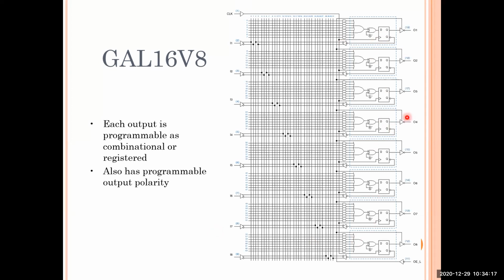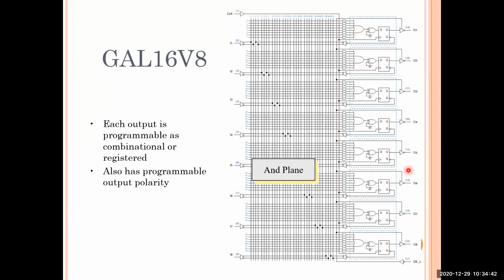You can see all the outputs are programmable. A tri-state buffer has been used over here. This is one input and output, and there is also a third kind of input, which is why we call it a tri-state buffer. It is controlled with the help of this control signal, so that's why it's programmable. All the output polarities are also programmable over here.